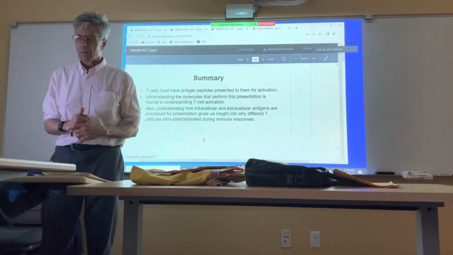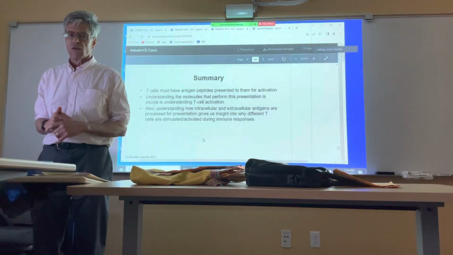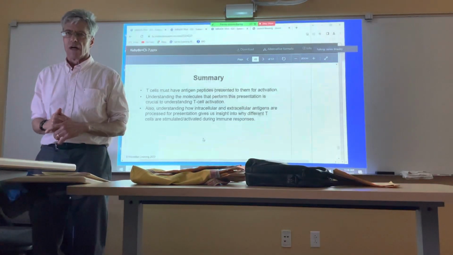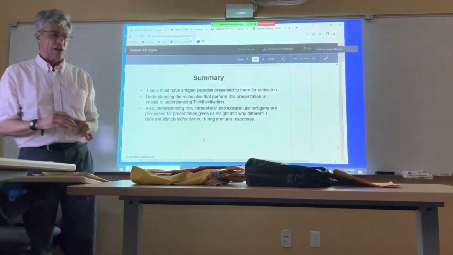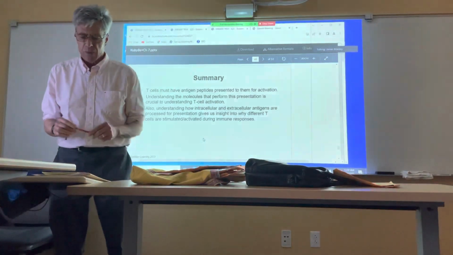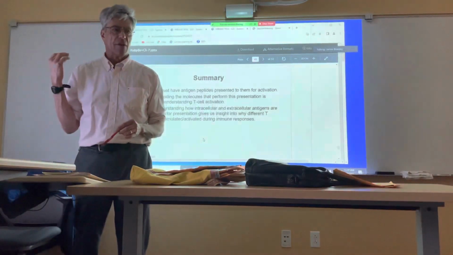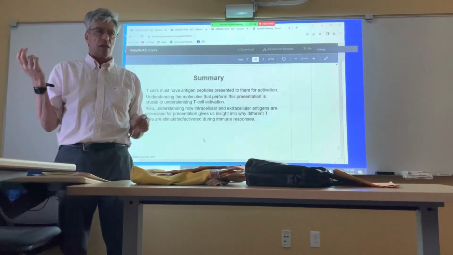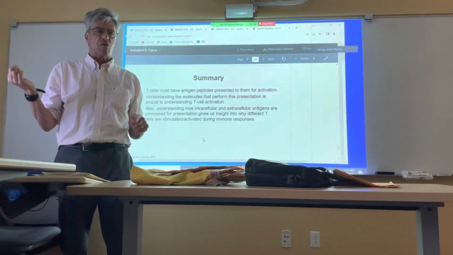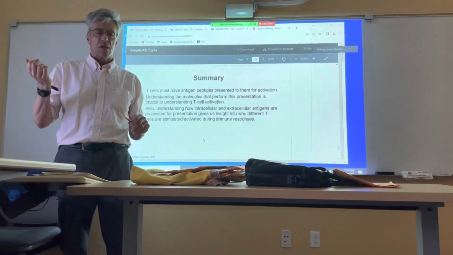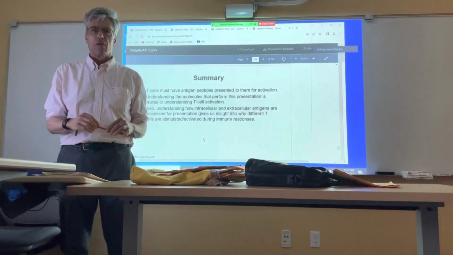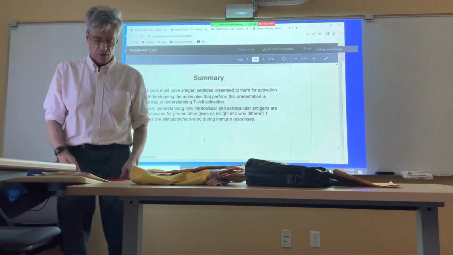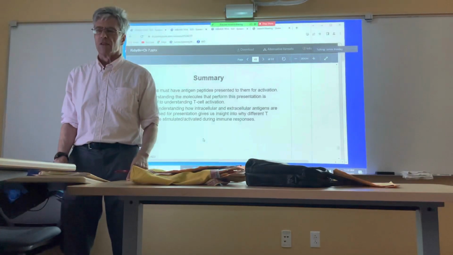Yeah. Okay. So these are, of course, areas under study, and people try to perturb the system with inhibitors of proteases, following antigens through different compartments, knockouts of protease genes, those kinds of approaches.